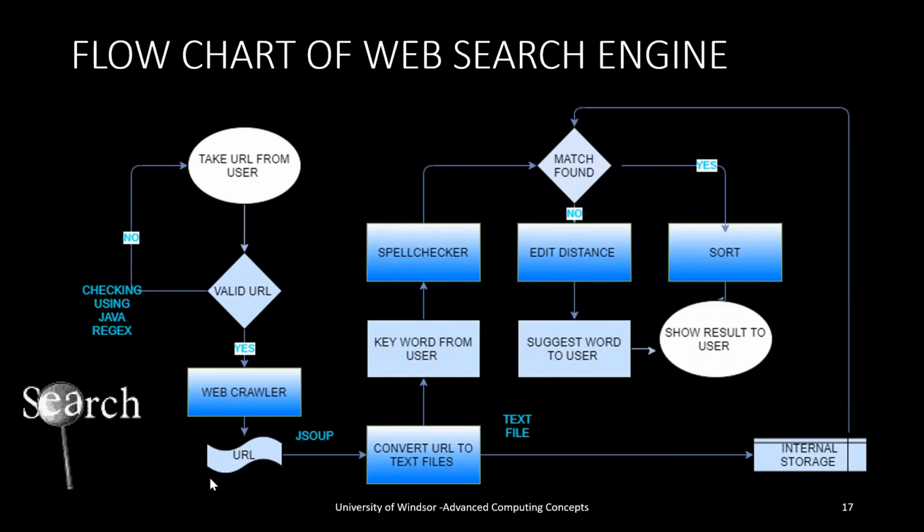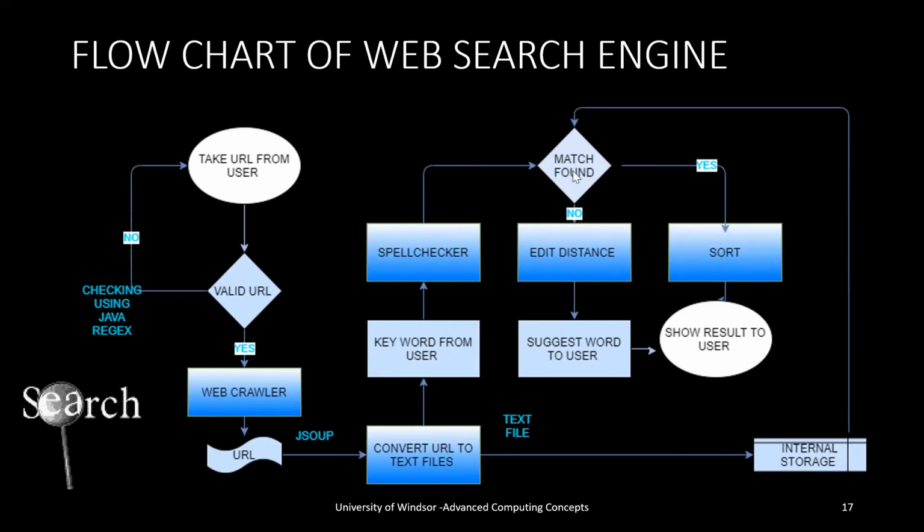After getting the URL and the subdomain links, we have to convert those into text files using JSoup, which is a Java open source library. And these converted files are stored in the internal storage. Then a keyword is requested from the user and the spelling of that keyword is checked with the spell checker, and it is done by searching the internal storage and the data stored in it.